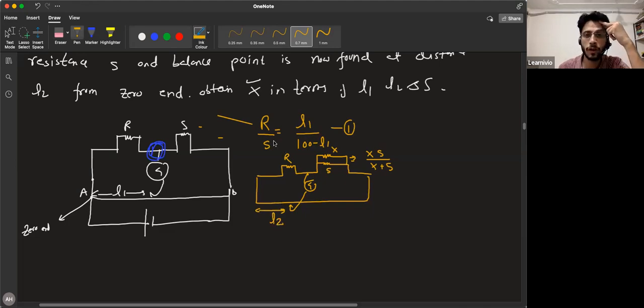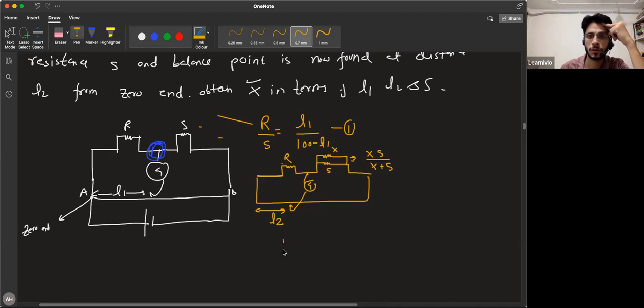Nabil Khan, can you relate this R, the resistance in the right gap and this balancing length? Sir, L2 into x by 100 minus L2 into s plus x is equal to L1 by 100 minus L1.